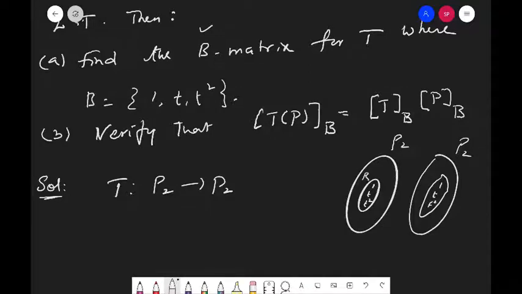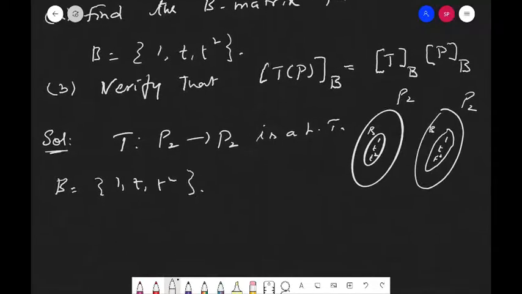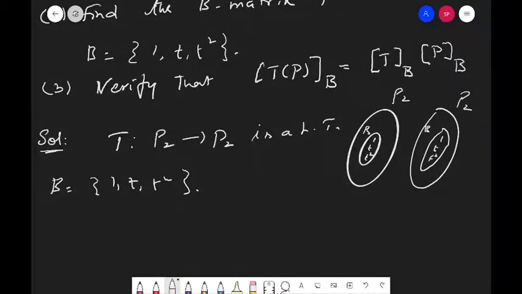This is B, and this also has the same basis B. This is a linear transformation, and B is {1, t, t squared}. Now you have to find the B matrix. How do you find the B matrix? For each element of basis B, you have to find first T of 1, T of t and T of t squared.